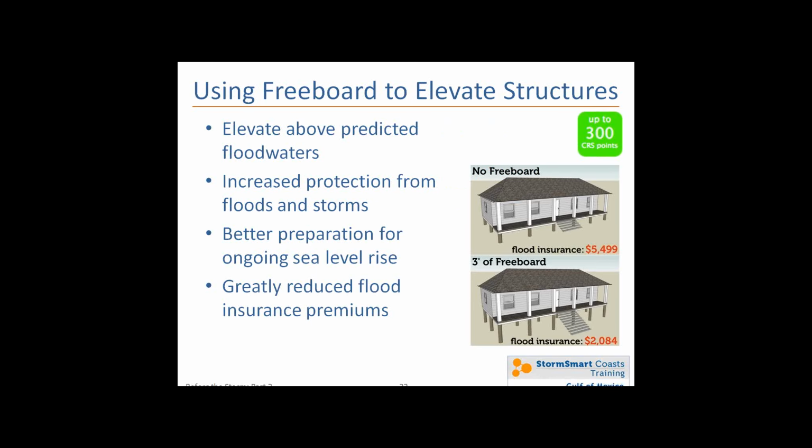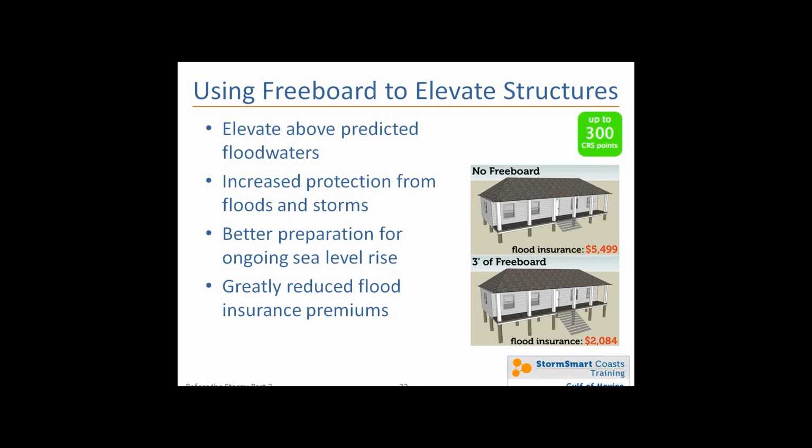Elevating a home a few feet above legally mandated heights has very little effect on the overall look of the home, yet it can lead to substantial reductions in flood insurance. Stormwaters can and do rise higher than shown on flood insurance rate maps. Freeboard helps protect buildings from storms larger than those the flood insurance rate maps are based on, and provides an added margin of safety to address the flood modeling and mapping uncertainties associated with flood insurance rate maps.